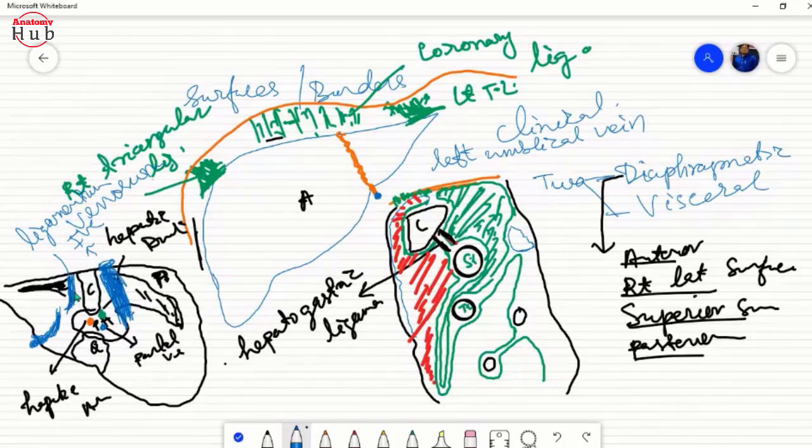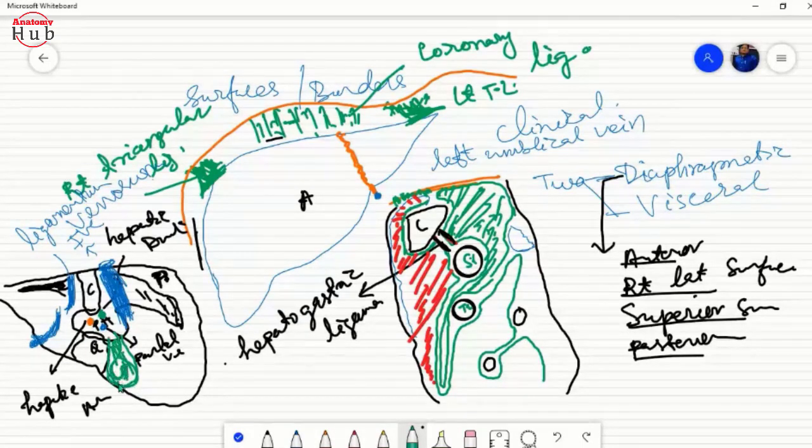At the left side, you'll find the ligamentum venosum. And left side below, you'll find the teres hepatis ligament. And at the right side below the inferior vena cava, we'll find the presence of your gallbladder over here, right?